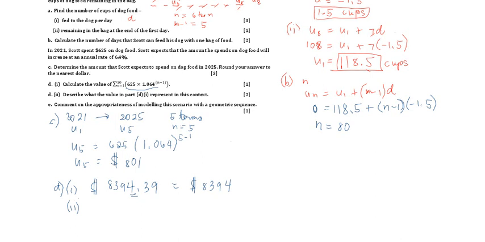So this represents the total cost of dog food for 10 years, which is from the period 2021 to 2031.